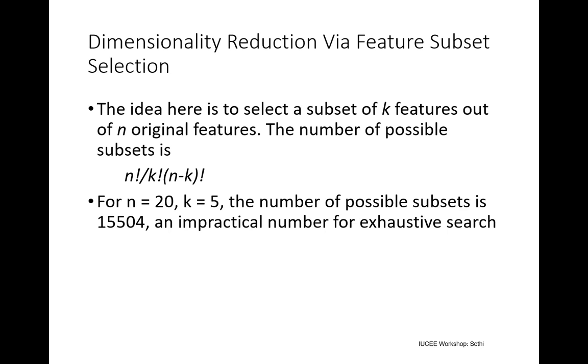All right. Obviously, if you have n original features and you want to pick k, there are a number of ways in which you can do that. And the number of possible ways in this particular case is factorial n divided by factorial k times factorial n minus k. All right. So if you take n equal to 20 and k equal to 5 and plug in the numbers, you find that the number of possible subsets is 15,504.